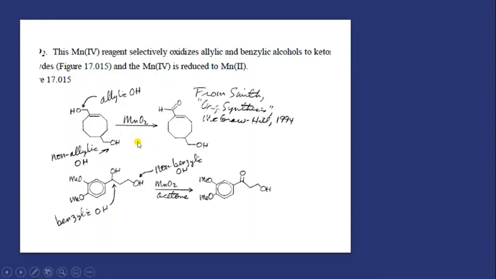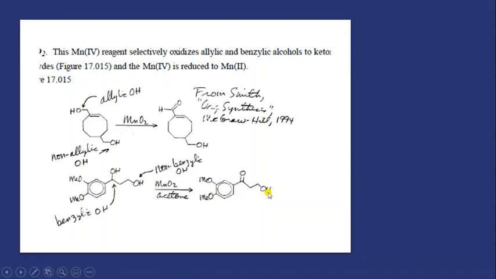In the second example, you can see that the aromatic ring is there. One is a benzylic alcohol, and the other is not a benzylic alcohol. So only the benzylic alcohol is subjected to oxidation and a ketone results, but the other alcohol remains unaffected.